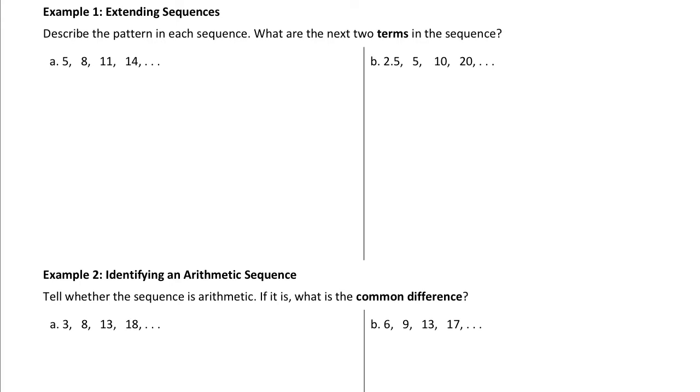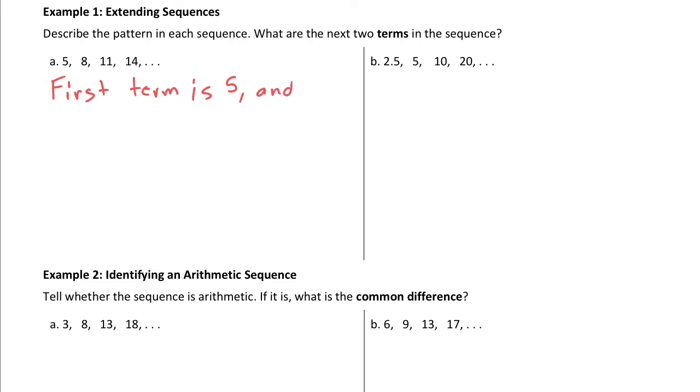So in example 1, if we are describing the pattern in each of these sequences for part A, I would describe this pattern as: my first term is 5. I'm just going to write first term is 5.